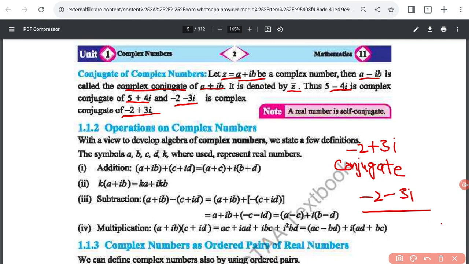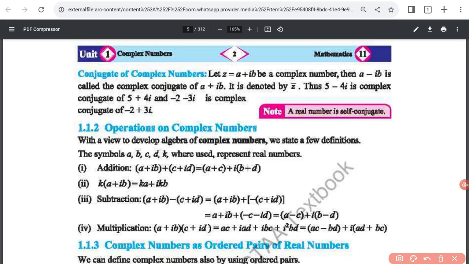So this is an example of the conjugate of complex numbers. Okay, so now we move towards the next topic, that is operations on complex numbers.